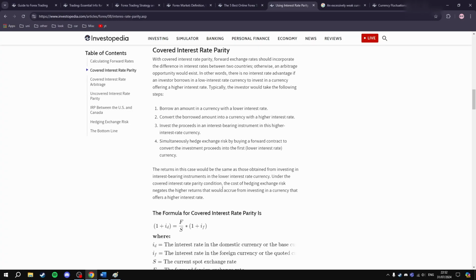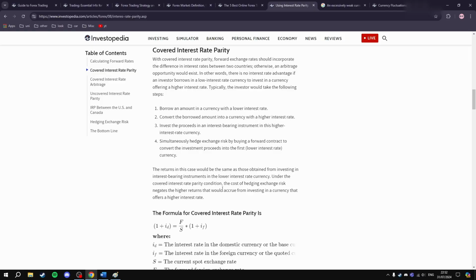With covered interest rate parity, the forward exchange rates should incorporate the difference in interest rates between two countries. Otherwise, an arbitrage opportunity would exist. In other words, there is no interest rate advantage if an investor borrows in a low interest rate currency to invest in a currency offering a higher interest rate.